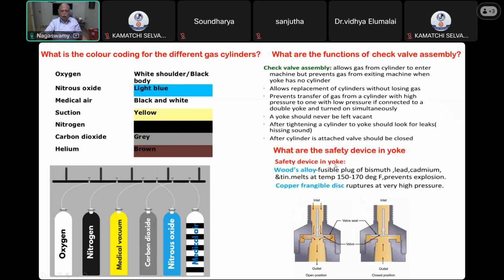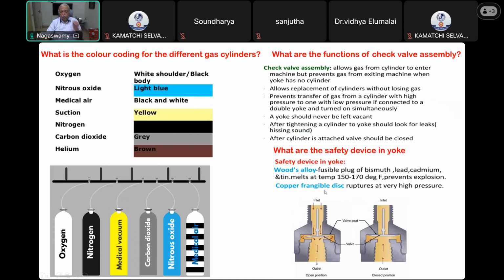The safety device in the yoke is called Wood's alloy. This is another common question they may ask you. I showed you the screw through which pressure can easily be let out if there is a high pressure build-up, and that screw is made out of a material called Wood's alloy, which is a fusible plug made of bismuth, lead, cadmium, and tin, and it melts at a temperature of 150 to 170 degrees Fahrenheit and prevents explosion.